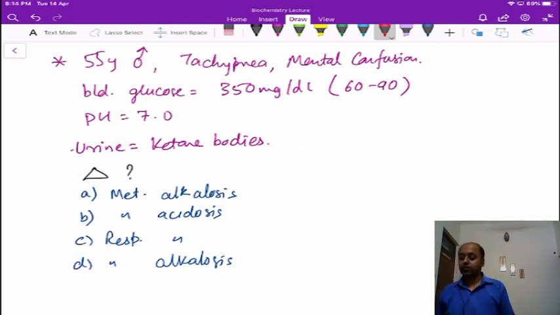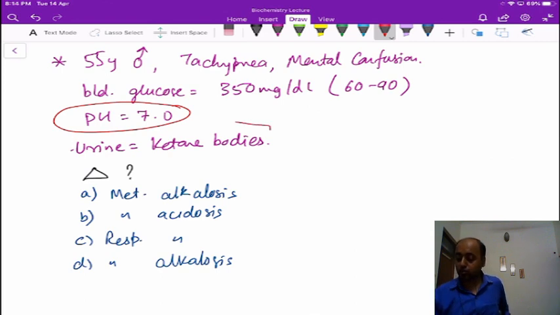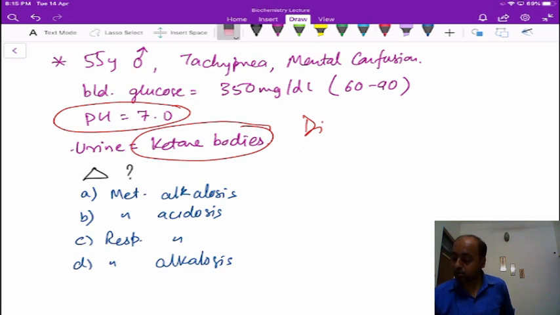Obviously, the acidosis is there, and because it is due to ketone bodies, it is metabolic in nature, it is metabolic acidosis. But can anyone give me the diagnosis?